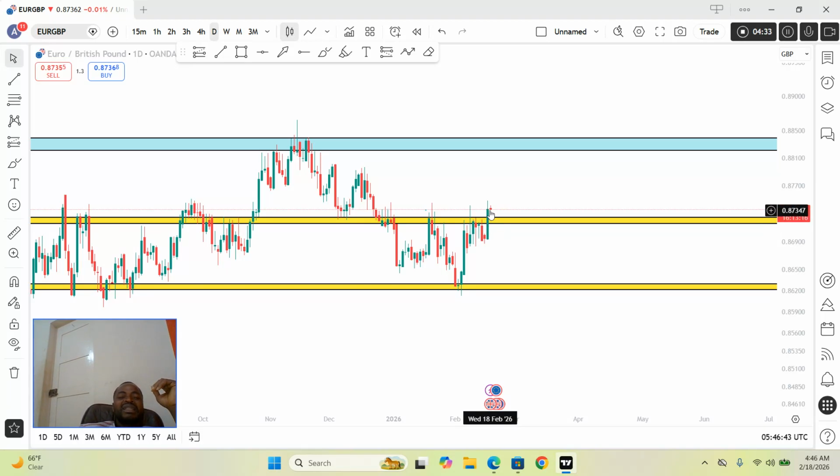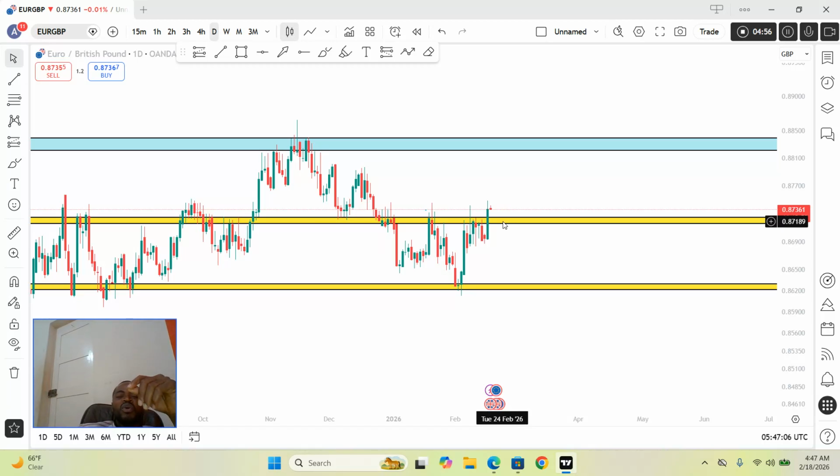The price is heading to the next place of sensitivity, which is to create a daily higher high before it will come back to a daily higher low, because this is how the price moves technically. So this daily time frame is showing us that the price has broken above the resistance level.